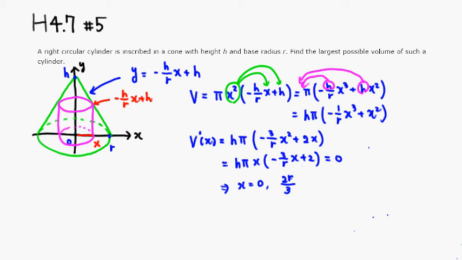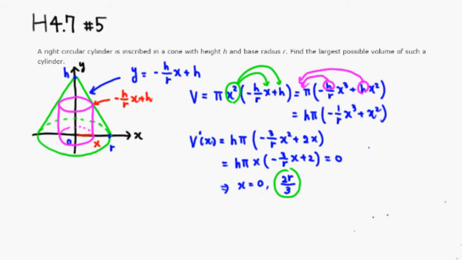The other critical number is x equals 2r over 3, so we have a maximum at x equals 2r over 3.